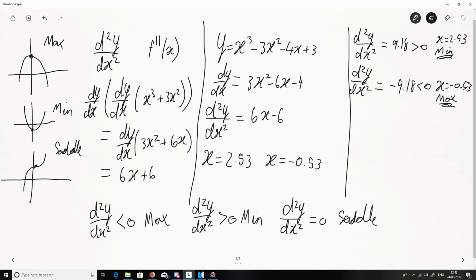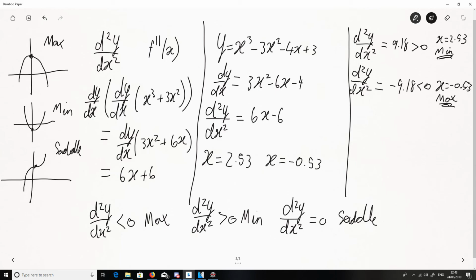If you find you have a saddle point, so it's equal to 0, the question might want you to further prove what kind of saddle point it is by calculating some values around the stationary point, like say minus 3 to plus 3 of the stationary point, and show what's happening to y.